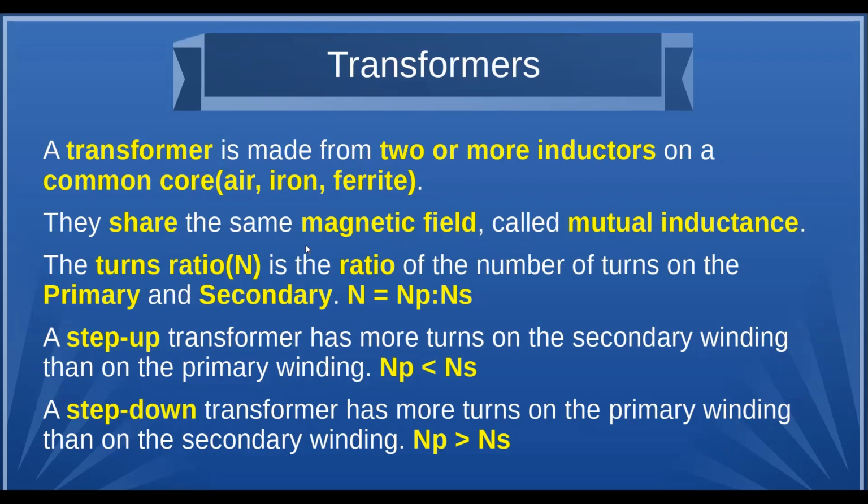We have what we call a turns ratio with 2 windings in a transformer. We normally call it a primary and a secondary. You have a number of turns on the primary and a number on the secondary, and the ratio of those is what we call the turns ratio.